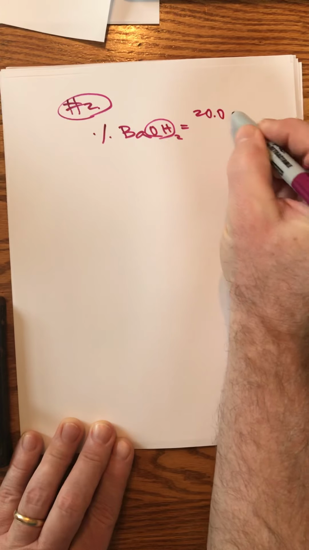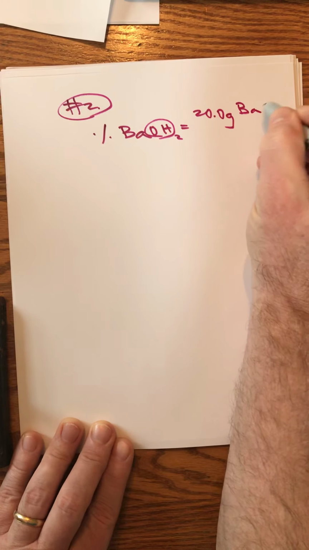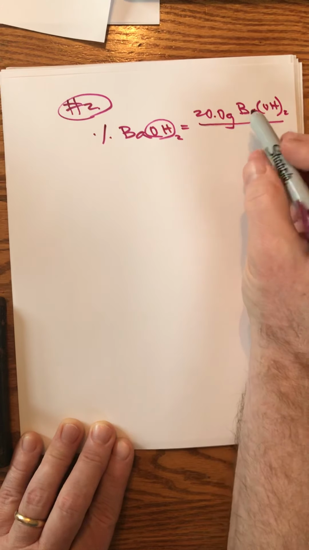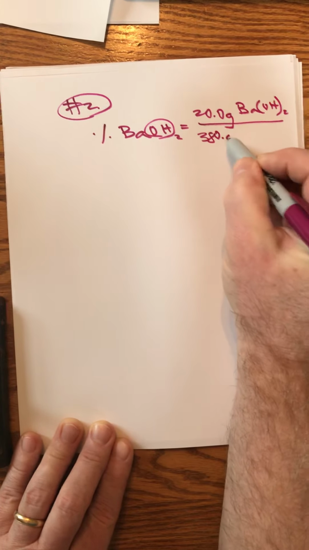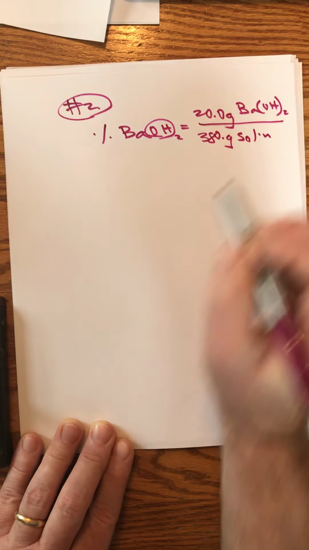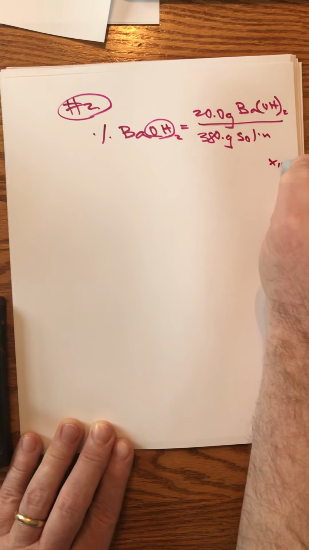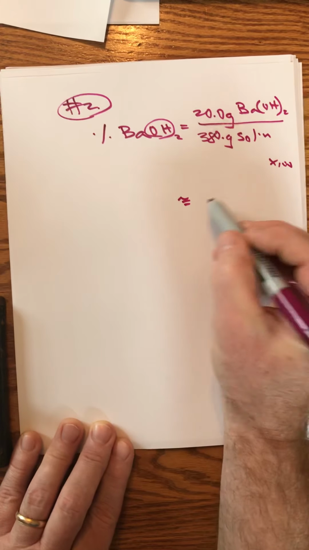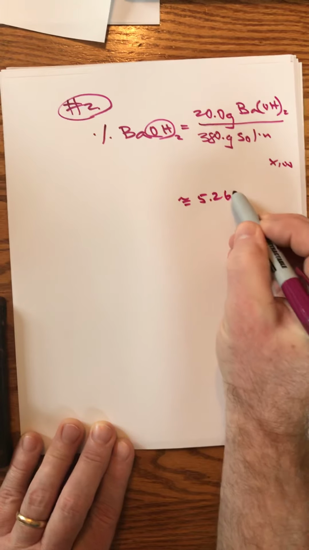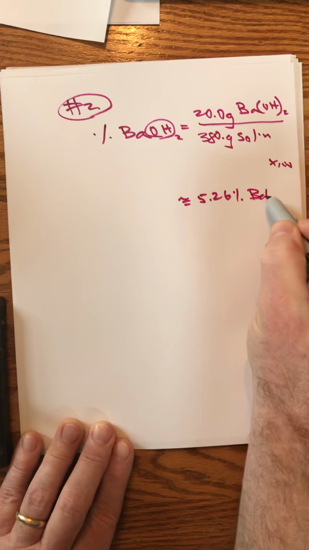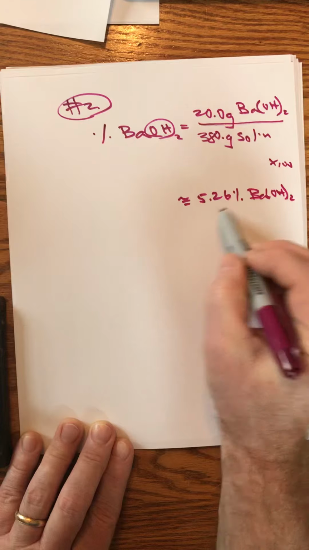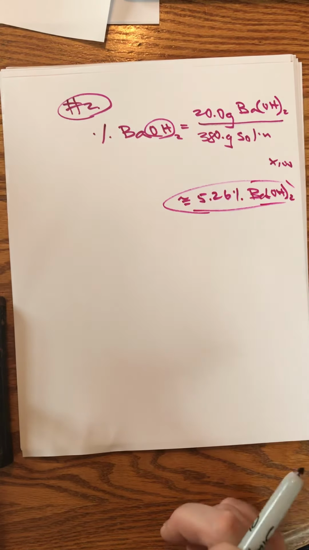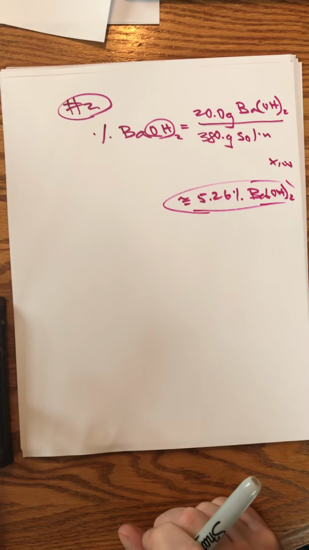You've got 20.0 grams of the barium hydroxide out of 380 grams of solution. Part over whole, take that whole thing times 100. And that turns out to be about 5.26% barium hydroxide by mass. Pretty straightforward, easy peasy. All right, so some of these problems, though, are a little more deceptive than that.